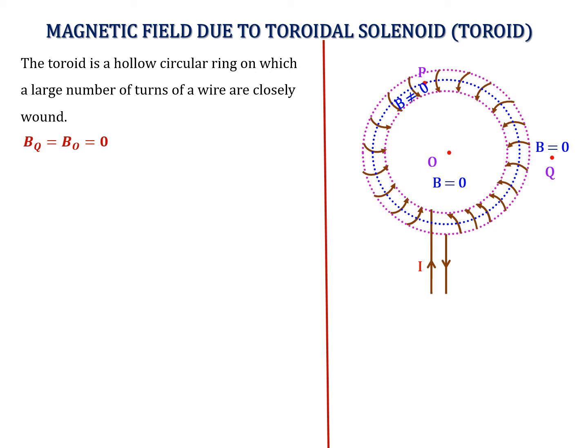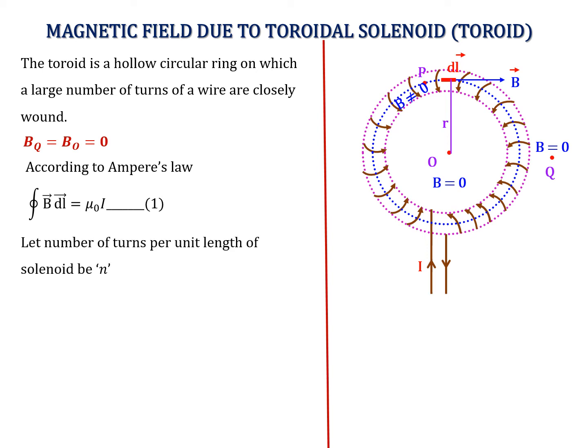To apply Ampere's law, we choose a small element over the closed loop. The magnetic field will be tangential to the loop at any point. Hence, the angle between dl and B is 0. We know, according to Ampere's law, the integral of B dot dl is equal to mu naught I. To find out the total current enclosed by the loop, let n represent the number of turns per unit length.